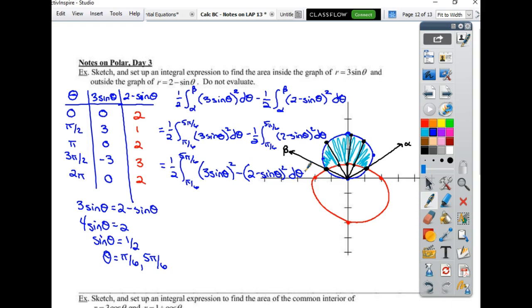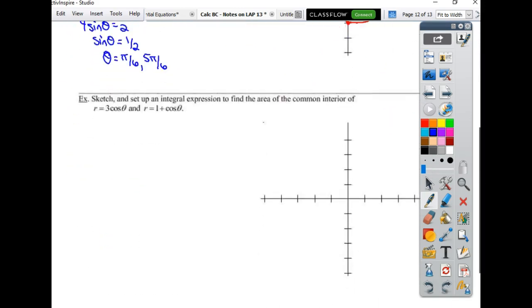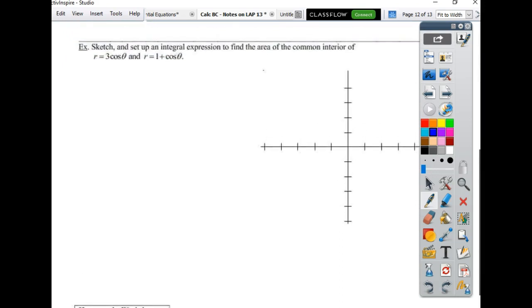If you know that this is going to mess you up, my suggestion is write it as two separate integrals and recognize it as two separate integrals. All right, here we go. Not too shabby? All right, let's graph this next one.